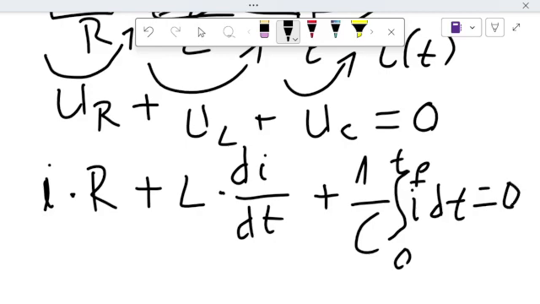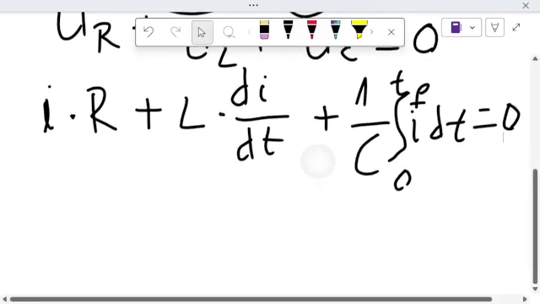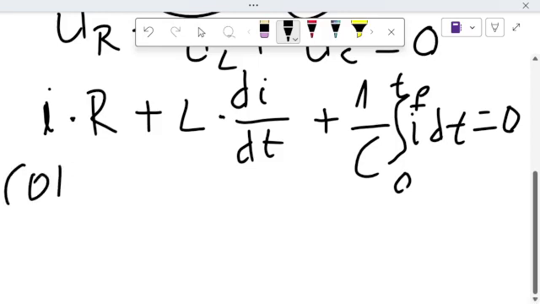But you can ask, why is that? Why did you write it in that way? The first is very simple, it is Ohm's law. The second one is Faraday.